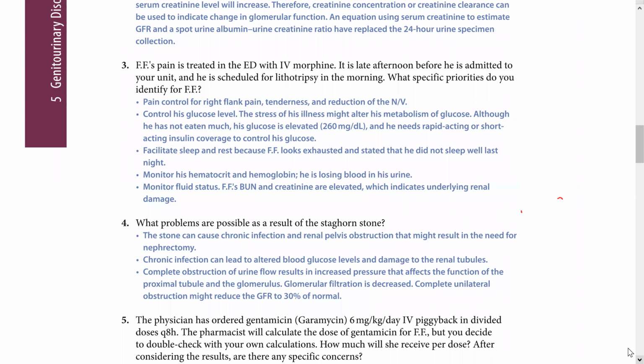All right, roll on down. So using SBAR to communicate your concerns about the dose of gentamicin to your physician, what would you do?